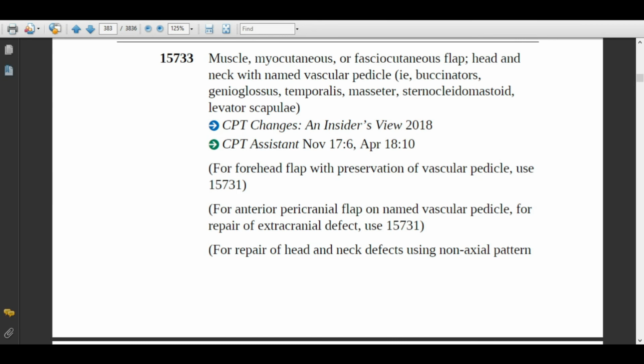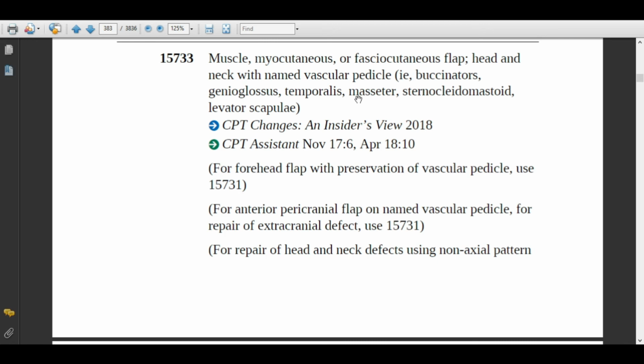And the next code is 15733. The description of this code is muscle, myocutaneous or fasciocutaneous flap, head and neck with named vascular pedicle, and these are the muscle examples: dorsinatus, genioglossus, temporalis, masseter.